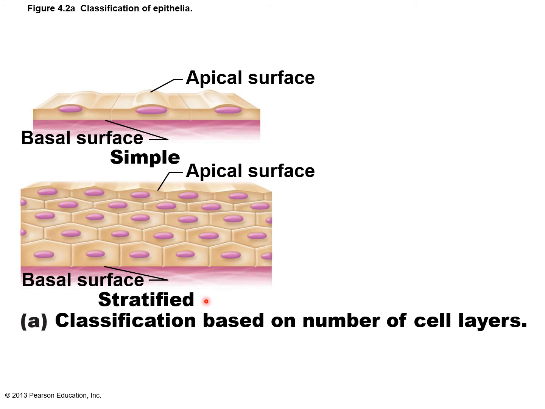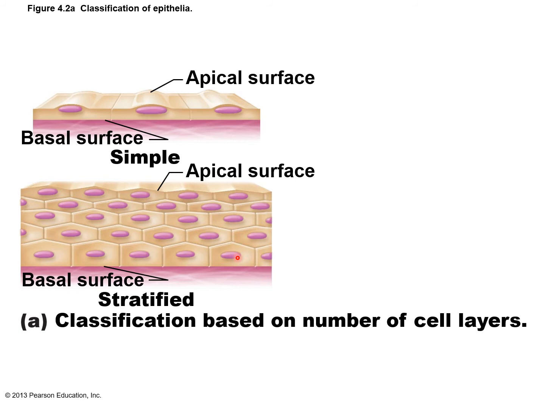Now, the thing about stratified tissue is that you can have several different shaped cells, meaning that I can have some squamous cells up at the apical surface, and I can have down here by the basal surface, remember how this is the basal surface, let's say, cuboidal cells.